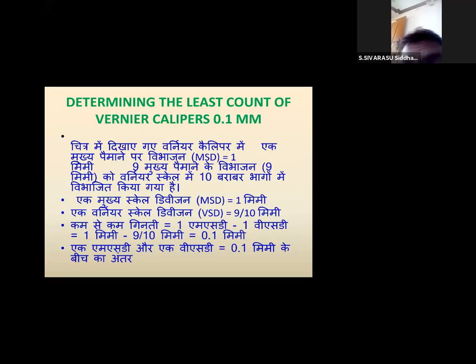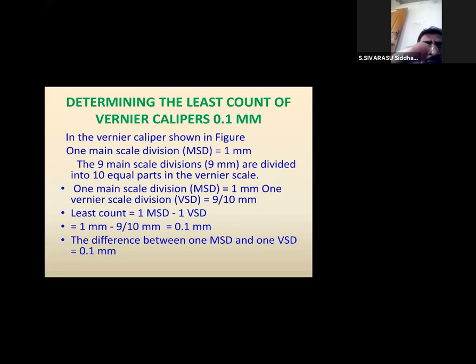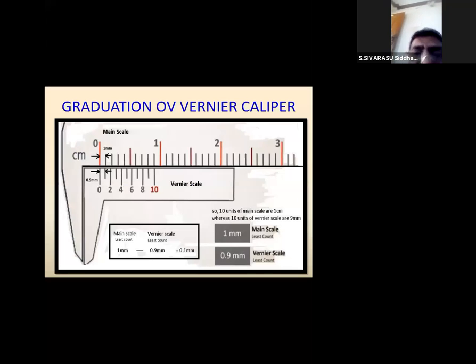The difference between one main scale division and one vernier scale division is 0.1 mm. That is the least count. Now you can see this figure.